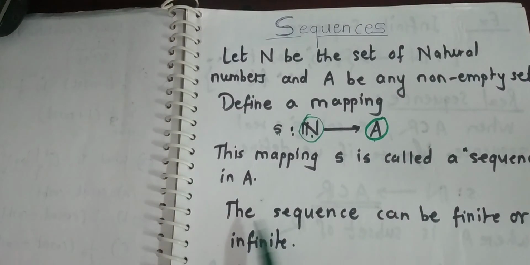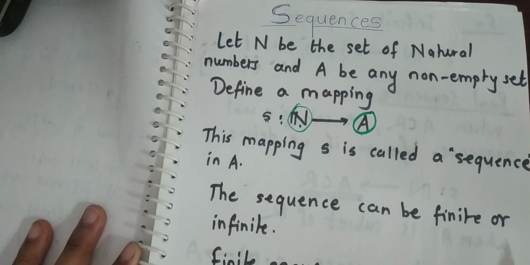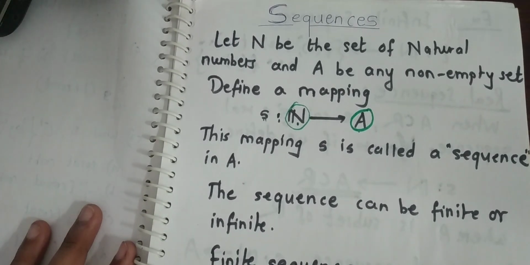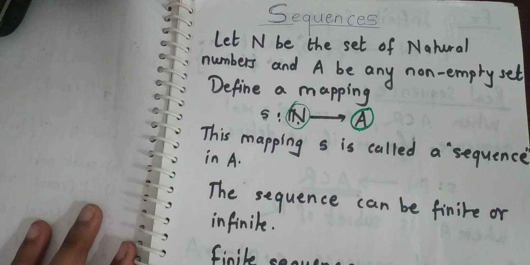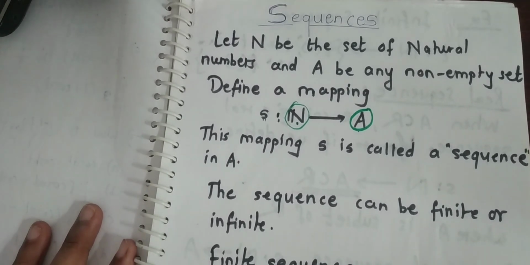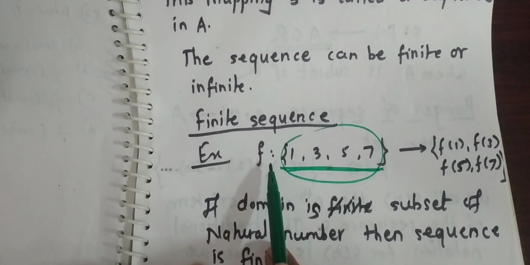A sequence may be finite or infinite. What is an example of a finite sequence? Here see, the domain is finite: 1, 3, 5, 7, four elements are present in the domain. So in a finite sequence there are four elements.